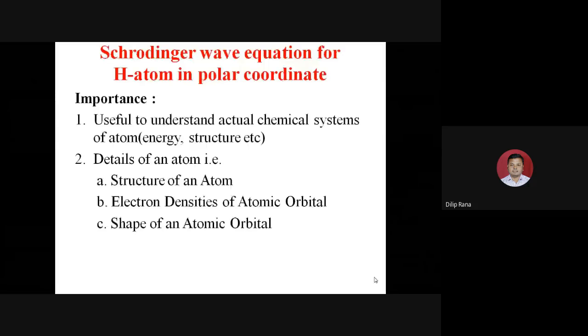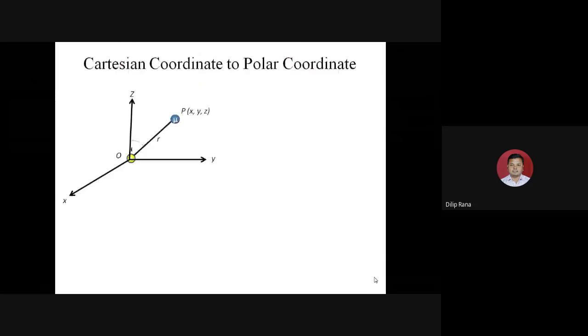So if we determine the coordinate, we can have information about the different structures, atomic orbitals, and accordingly the energy. Now this is how we determined our Cartesian coordinate in the previous class.